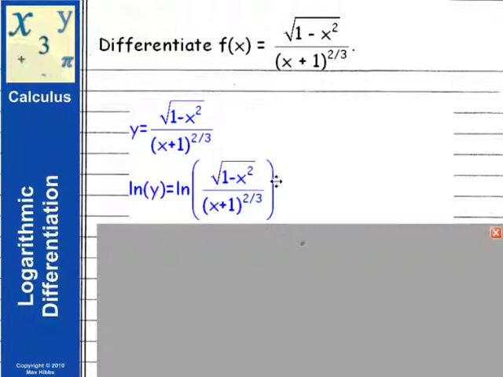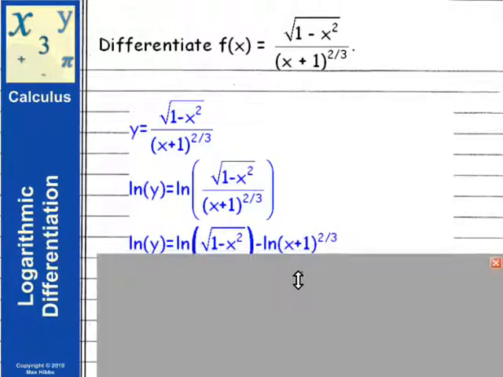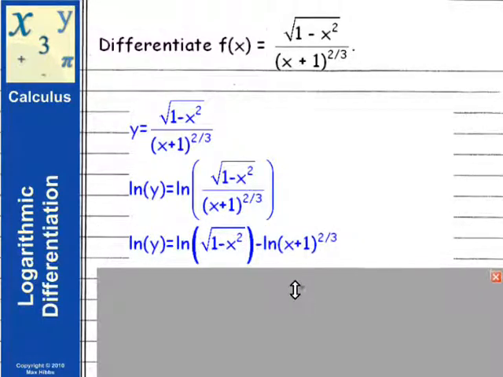And of course that is an ugly expression. But the laws of logarithms let us simplify this right side significantly, because this is the logarithm of a quotient. And when we have the logarithm of a fraction, that's the logarithm of the numerator minus the logarithm of the denominator. So that's what I've shown here.